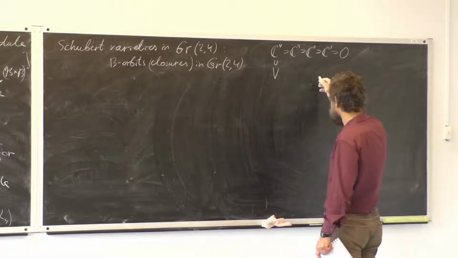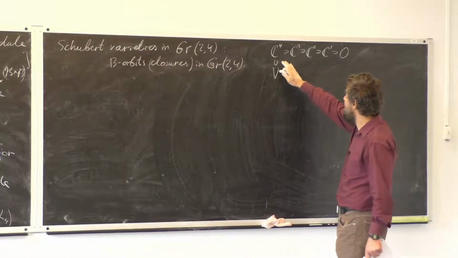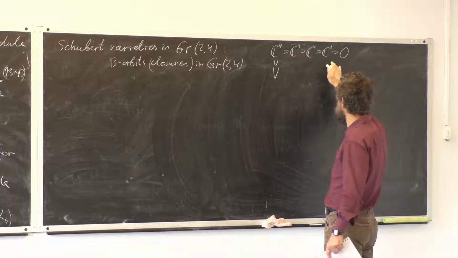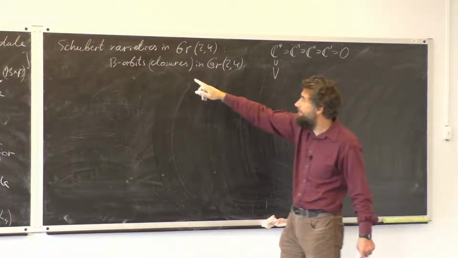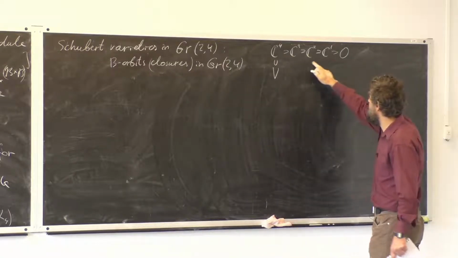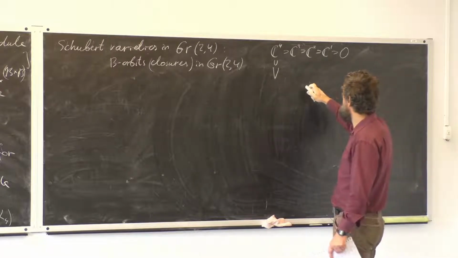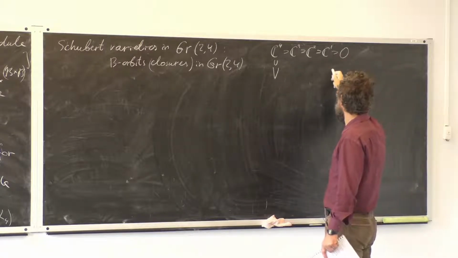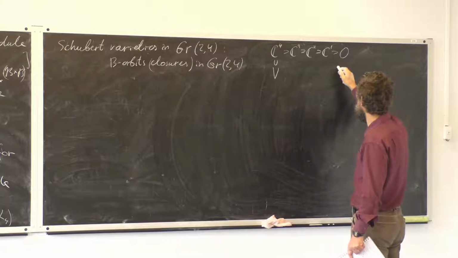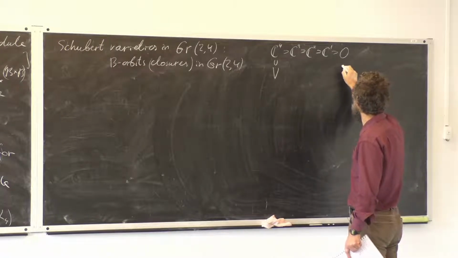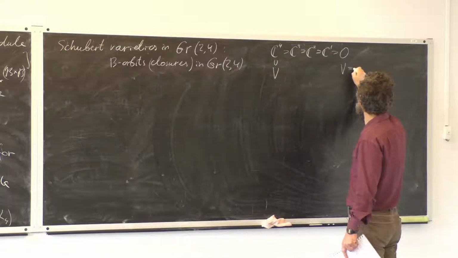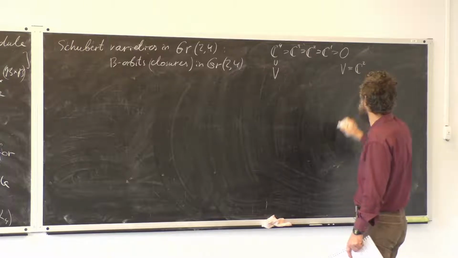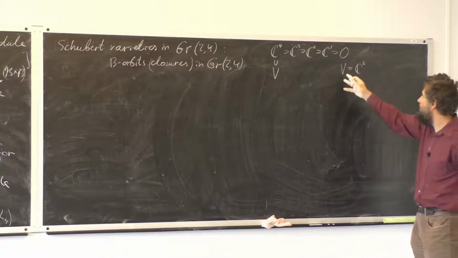And so I have to specify the relative position with respect to this flag, so that this Borel is the stabilizer of this particular flag. So there are the following possibilities. The smallest one is that V may just equal C2. There's just one point.